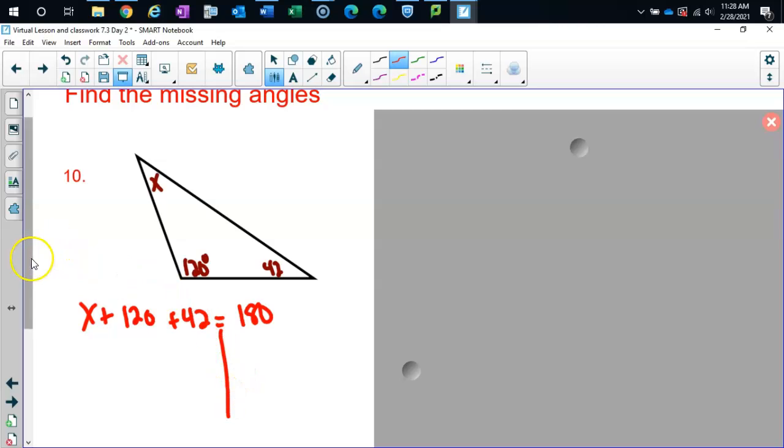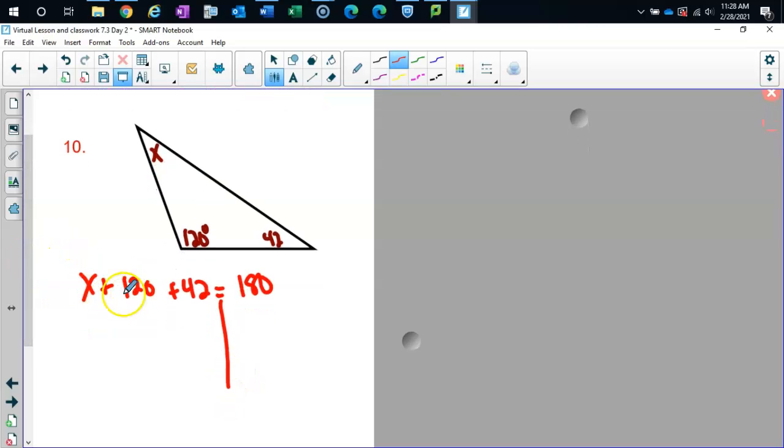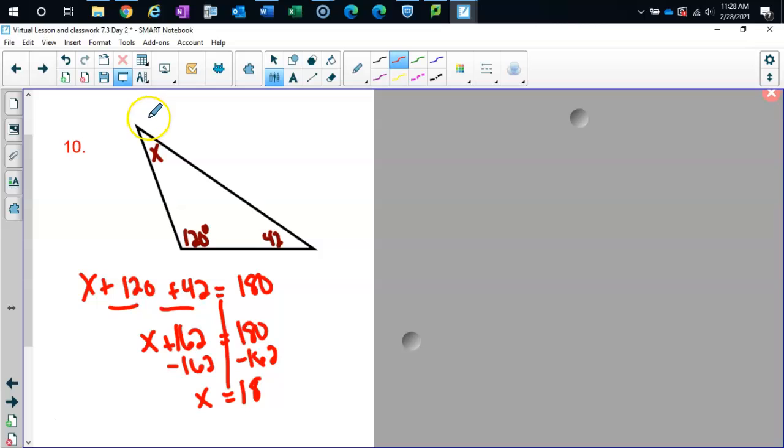Remember, all the angles in a triangle add up to 180. So on this side, 120 plus 42 is X plus 162 equals 180. Subtract 162 from both sides, and you end up with x is 18. So our missing angle is 18 degrees. I could check this by adding these three together, and you do get 180.